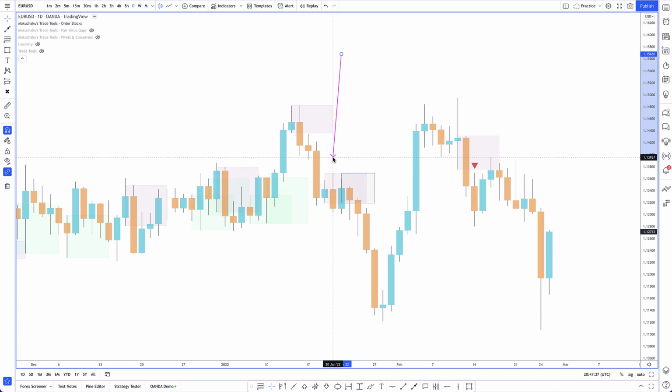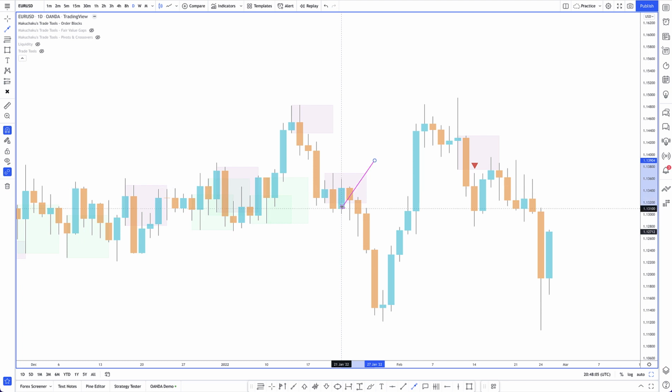Something important to understand is that an order block is not a valid order block if the entire candle is not engulfed. You can see that the entire candle was engulfed here. For example, I wouldn't say that this blue candle engulfed this orange candle, because it was not completely engulfed.